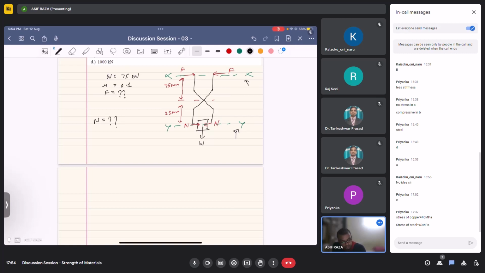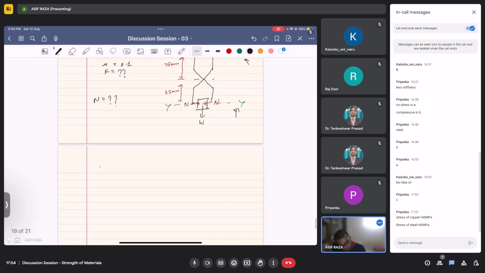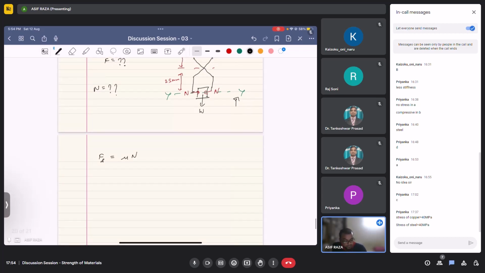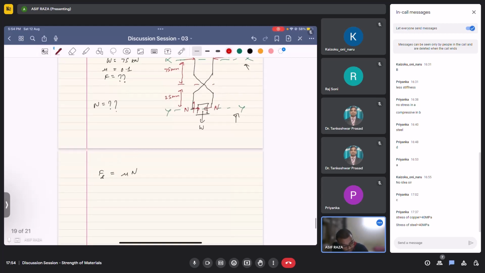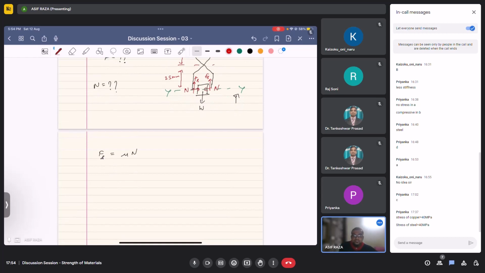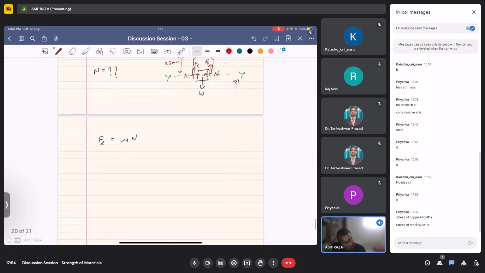We know friction force Fs is given by mu times normal, and it acts here.